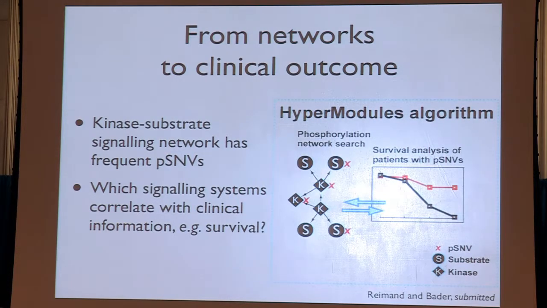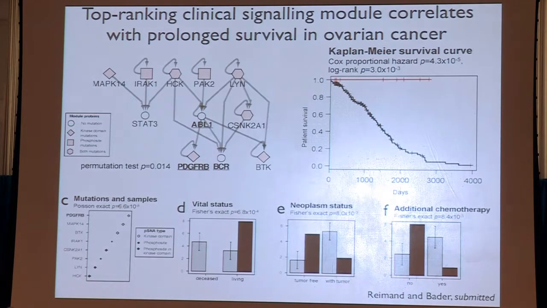We want to just look at the network and search that network to see if there's any region in the network that's correlated. The way this works is we take a gene of interest and look at its neighborhood up to 2 hops, and we include parts of the neighborhood, look at the mutations in the proteins in that neighborhood, and run a statistical test that measures correlation with a clinical variable.